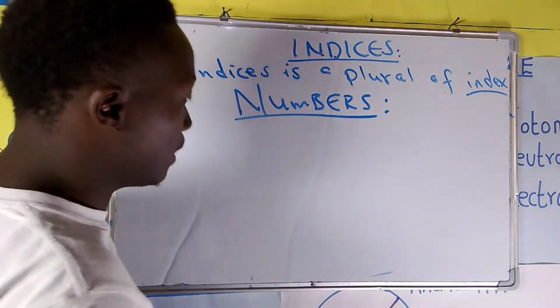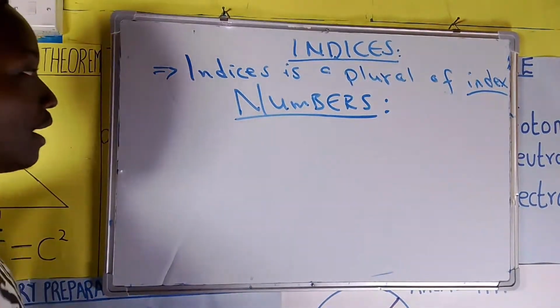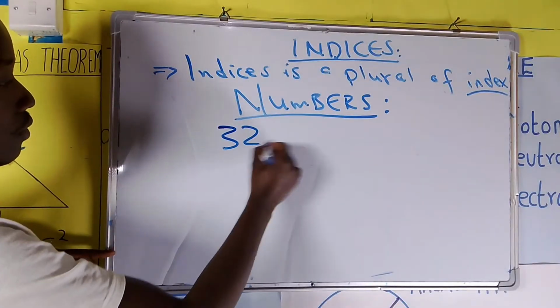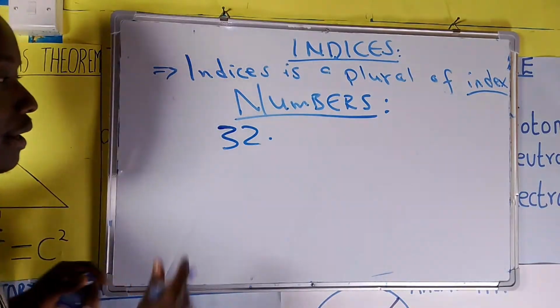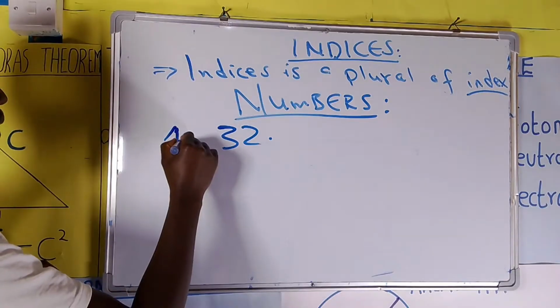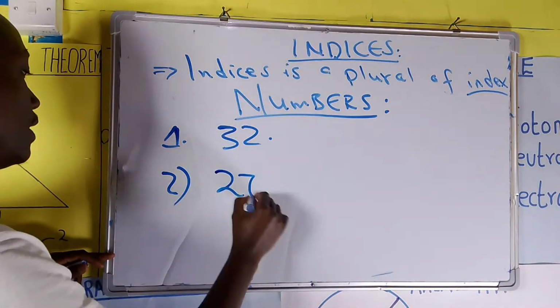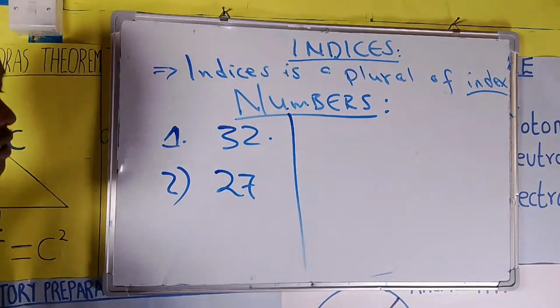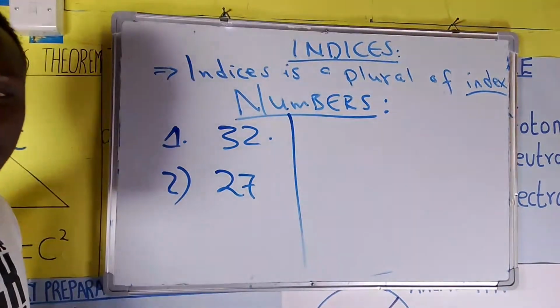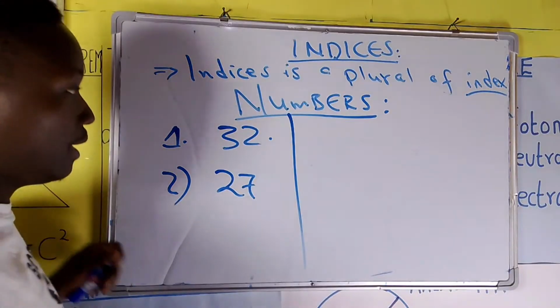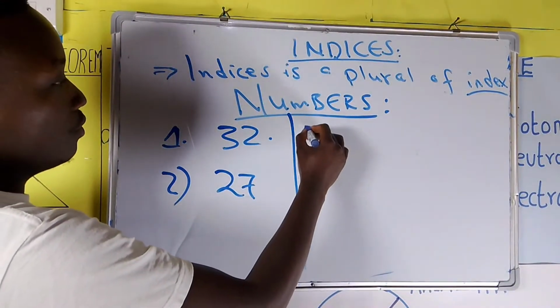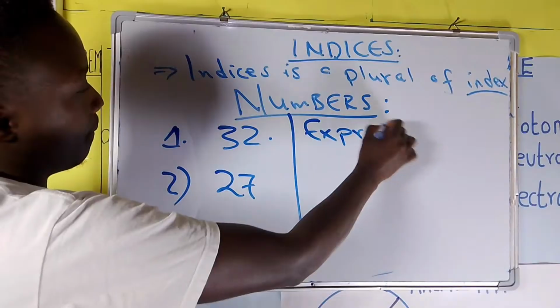and in these numbers we have a number like 32, and that is our number 1. Our number 2, we can have 27, and in these two numbers I want us to express them in power form.